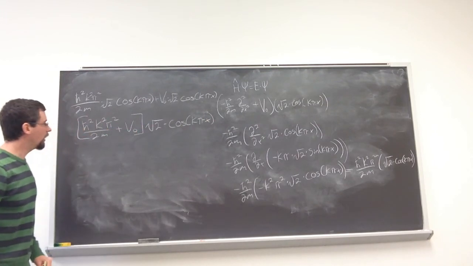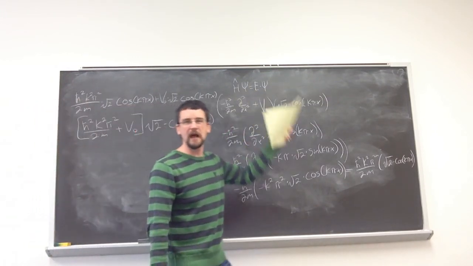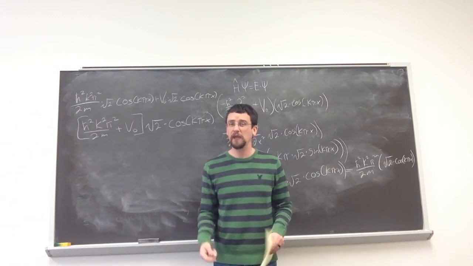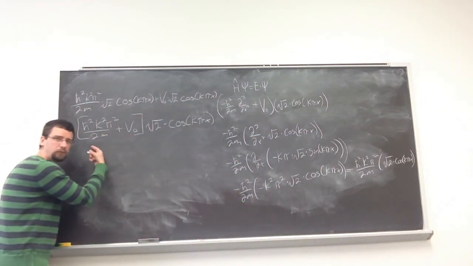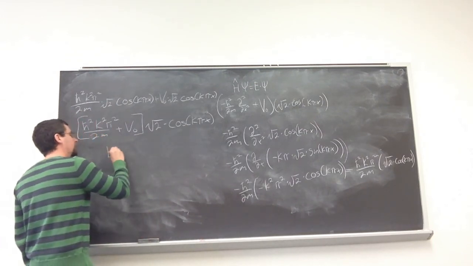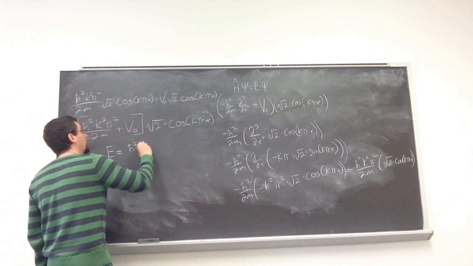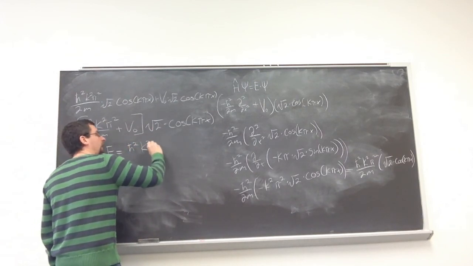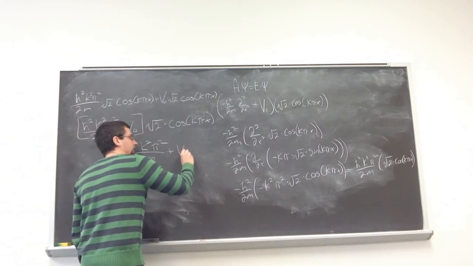Okay, we're almost there. So that's after the Hamiltonian has operated on our wave function. Now we have to say what the energy is. This term of all of these constants, that is our energy. Energy is equal to h bar squared k squared pi squared over 2m plus V naught.